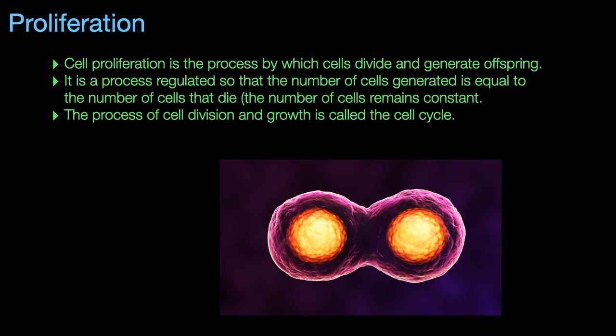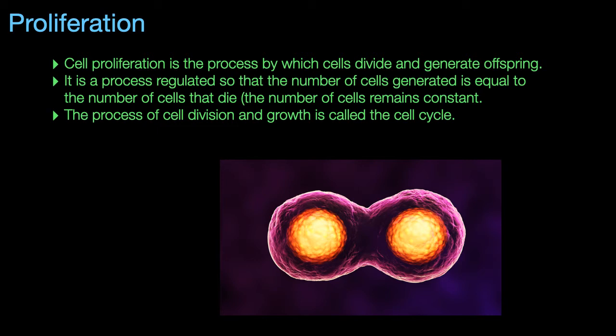Okay, proliferation basically is the process the cells undergo to produce their offspring, and it is a complicated process that is regulated in a way that, as we lose cells, those cells have to be replaced by other cells, but the number must remain the same.